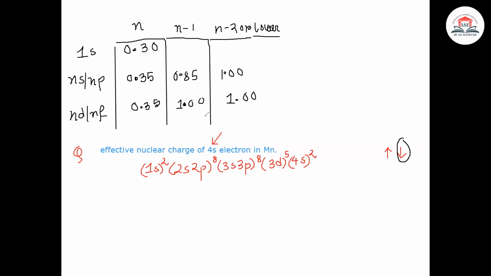So that electron belongs to the 4s orbital, so we are looking at this group, the NS-NP group, because our electron in question belongs in the 4s orbital. So this NS-NP row we have to look at. So the 4s electron will be 1 into how much? 0.35, because it is in the same 4s shell. So it will be 1 into 0.35.